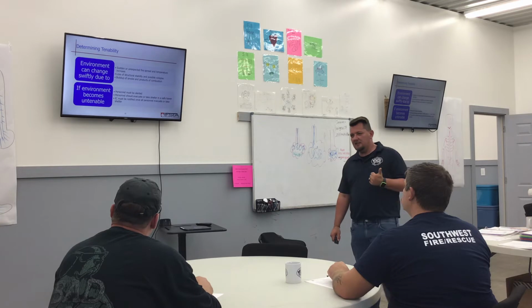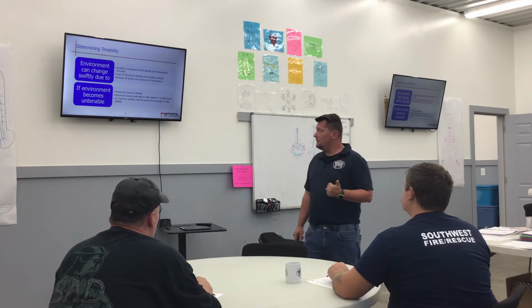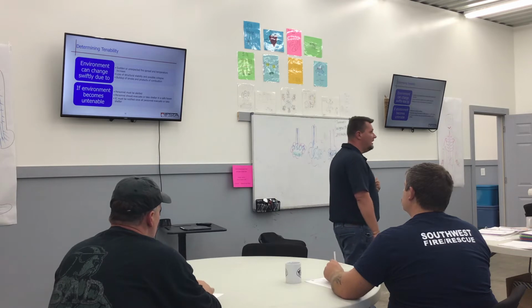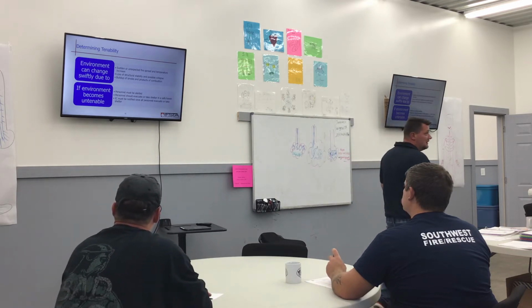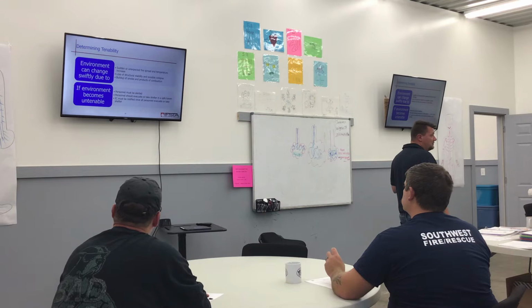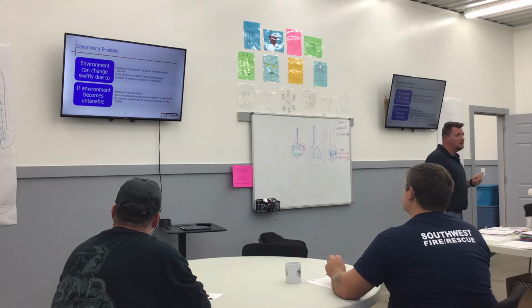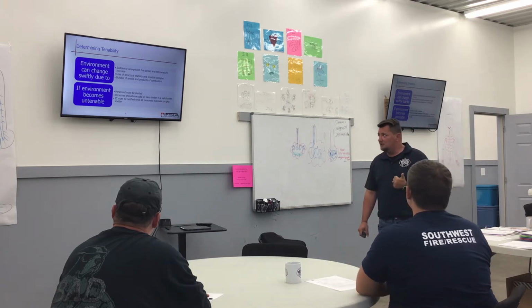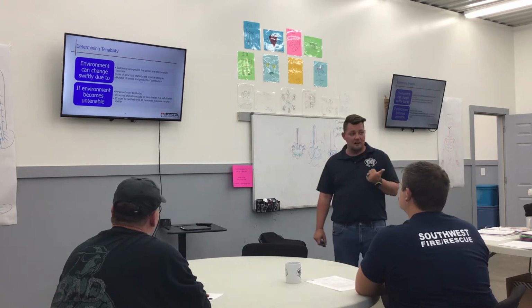So how do we determine tenability? An environment that can change swiftly due to some kind of sudden or unexpected fire spread and temperature increase. Loss of structural stability and possible collapse. Maybe a buildup of smoke and products of combustion. If that environment becomes untenable, then we have to be alerted.